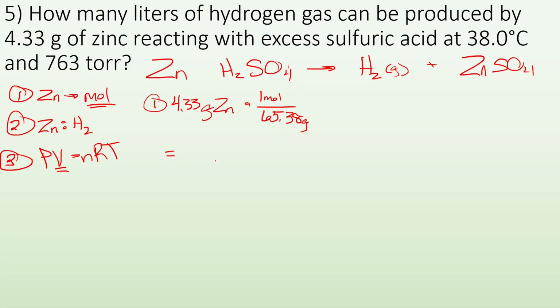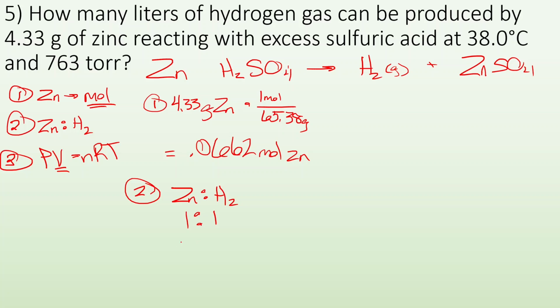So when I plug and chug that, I end up with 0.0662 moles of zinc. Now my second step is going to be, all right, now I know how many moles of zinc. What is my zinc to H2 gas ratio? This one's nice, it's a 1-to-1, so I know that I also am going to make 0.0662 moles of H2 gas.